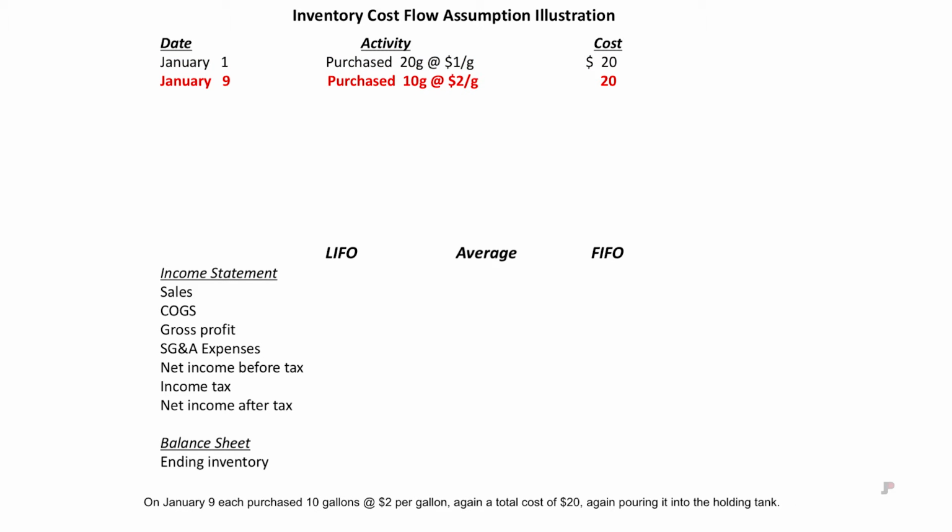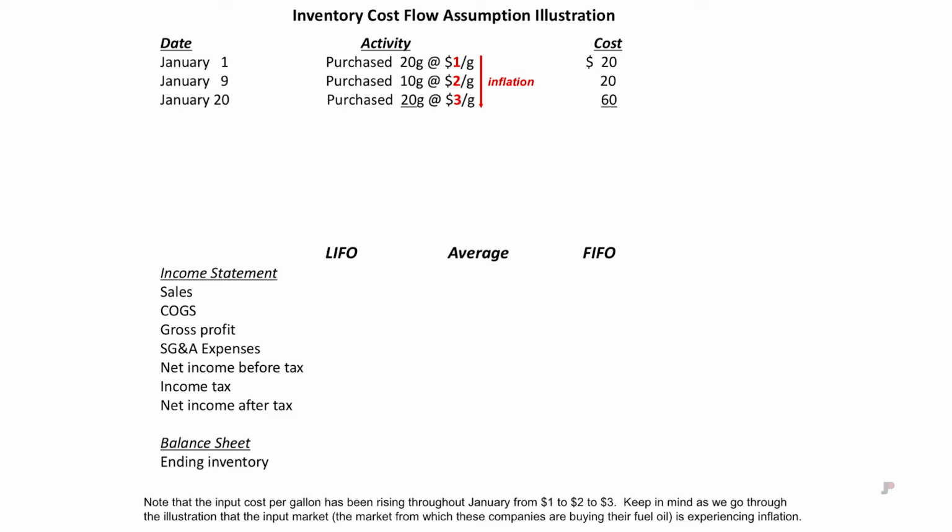On January 9, each purchased 10 gallons at $2 per gallon. Again, a total cost of $20. Again, pouring it into the holding tank. On January 20, each purchased 20 more gallons of fuel oil at $3 per gallon, this time a total cost of $60, and again into the tank.